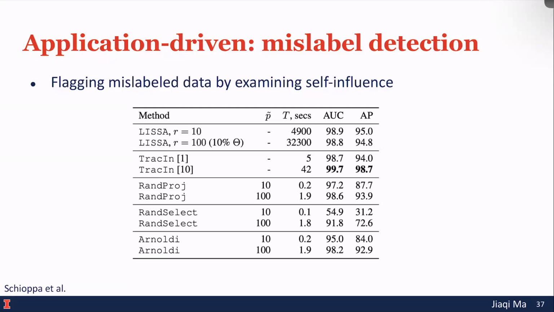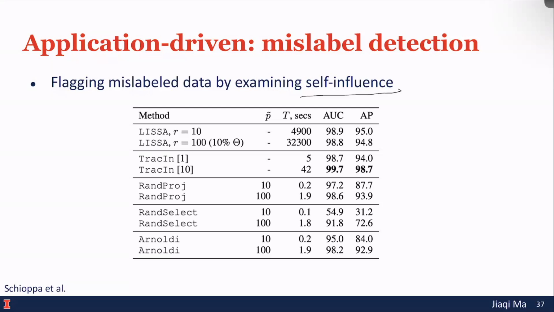So mislabel detection is also a popular evaluation metric for influence functions, where given a training data set, you train the model and you can calculate the influence score. Specifically, you calculate something called self-influence, which means that for each training data point, you calculate the influence score of this training data point on the prediction on itself.